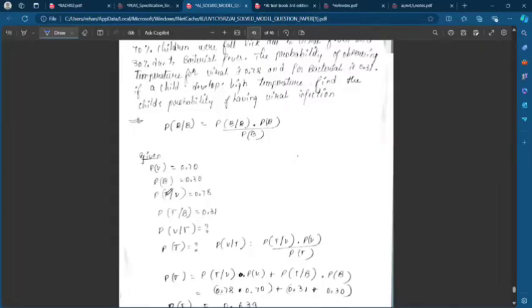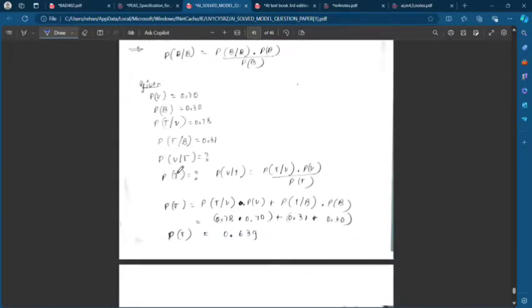P of A given B is equal to P of B given A into P of A divided by P of B. Given P of viral is 0.7, P of bacteria is 0.3, P of temperature given V is 0.78, P of temperature given B is 0.31. So we have to find P of viral infection given temperature, but we don't know what P of T is.